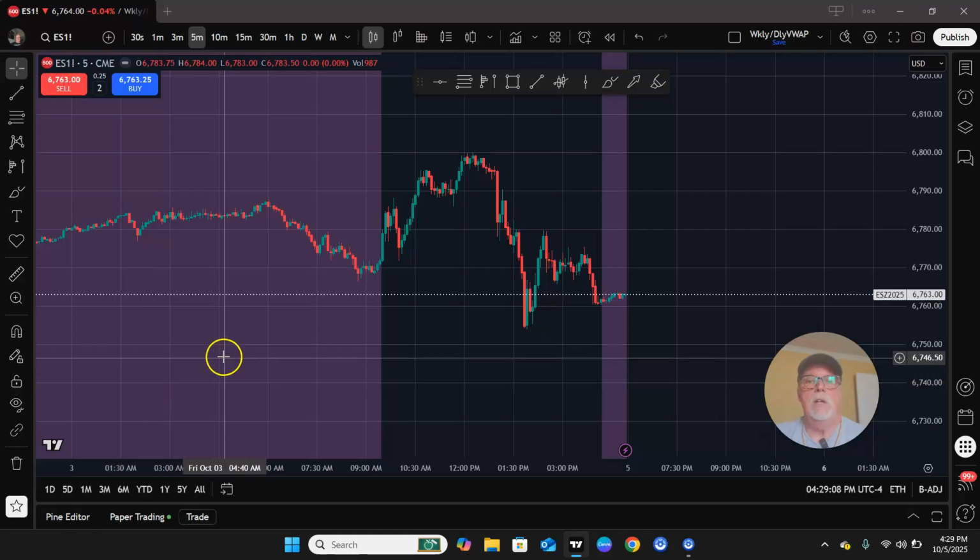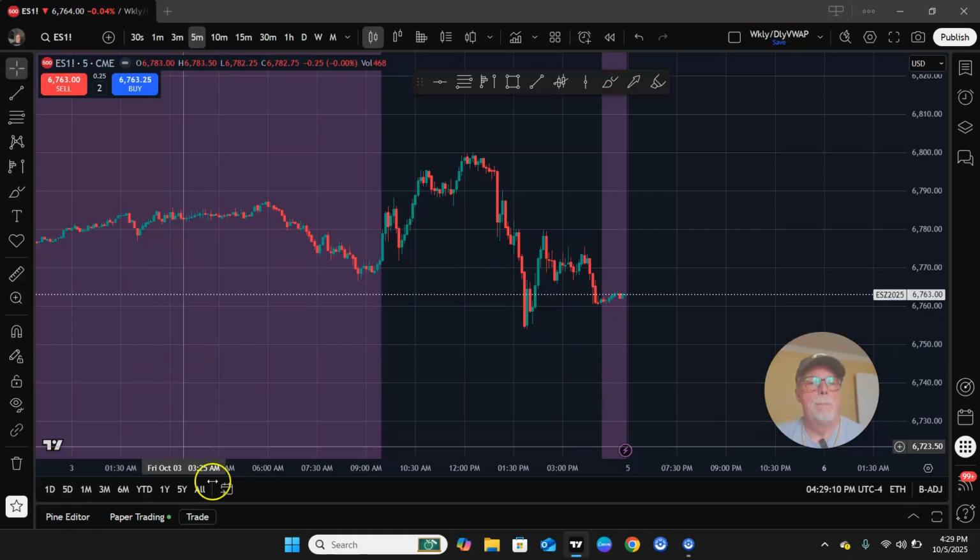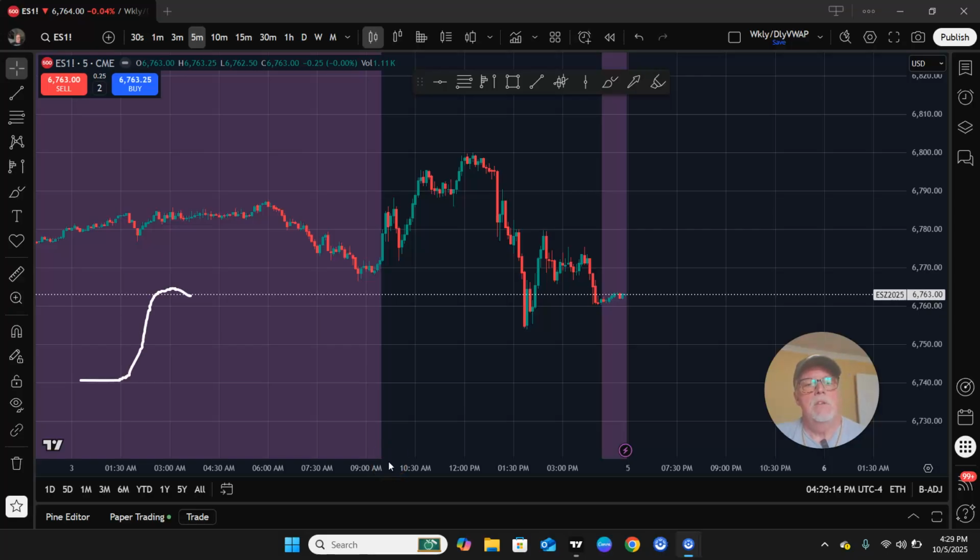As you may remember from previous videos, the volume profile is really the bell curve, which is something similar to this shape here, and this would be a normal distribution where 68% of the data would be in this area right here.